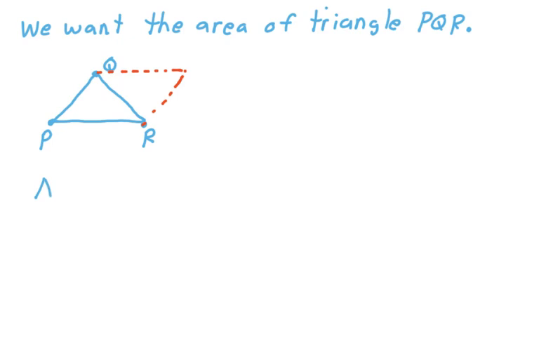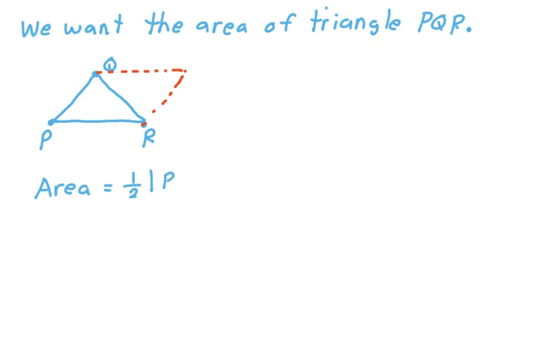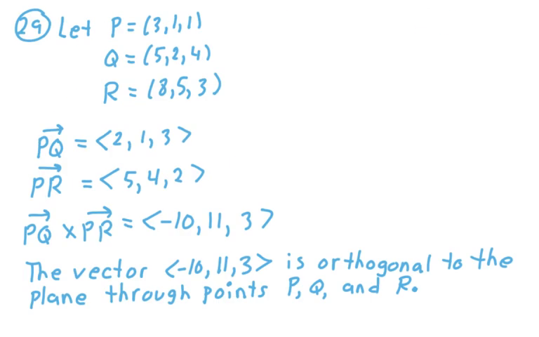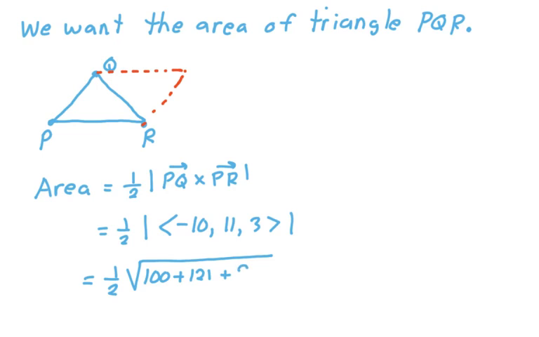So the area is 1/2 the magnitude of PQ cross PR. But this is 1/2 the magnitude of the vector (-10, 11, 3). So this is 1/2 times the square root of 100 plus 121 plus 9.